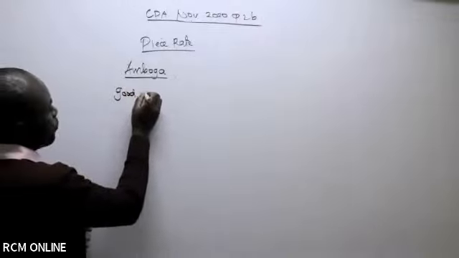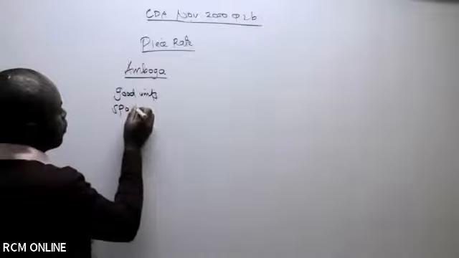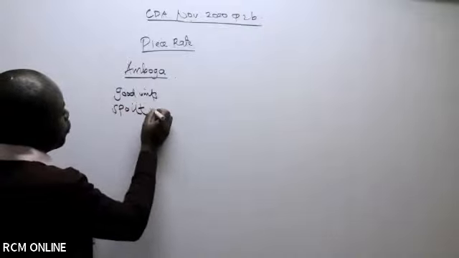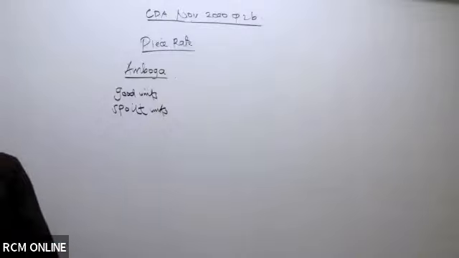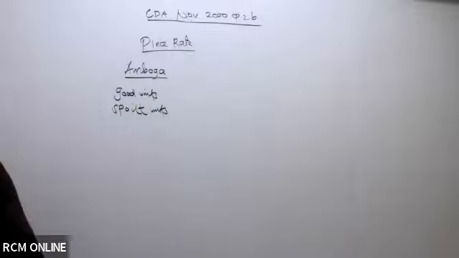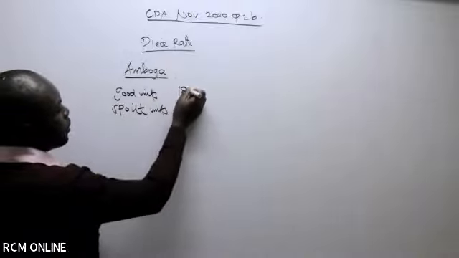Good units, then we have spoiled units. So can someone give me good units for Amboga? Total is 2,000, spoiled is 200. So good units is 1,800.